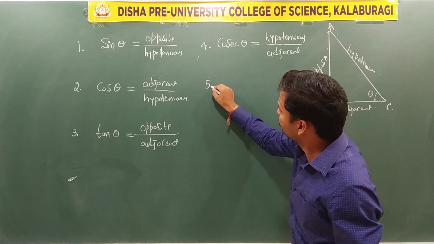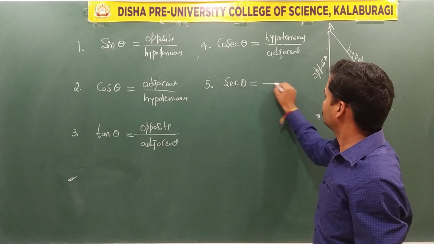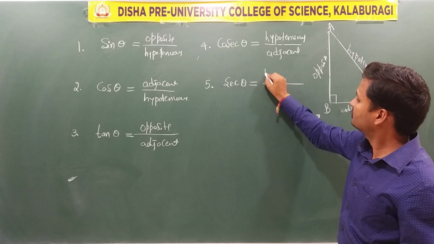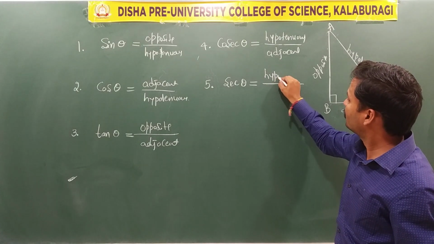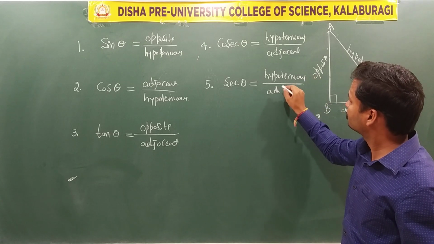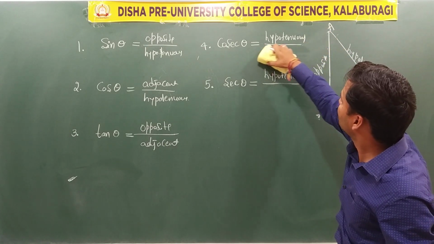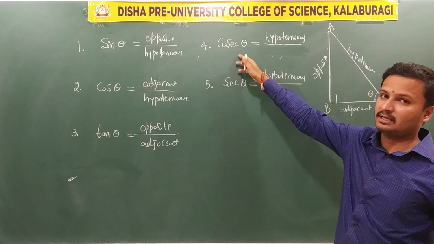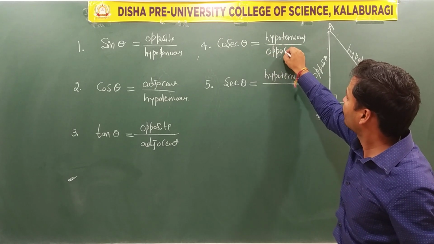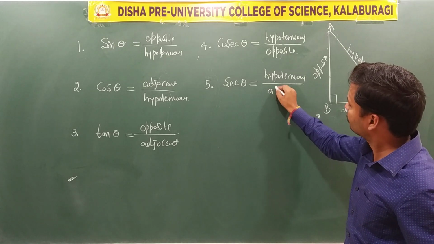And fifth one, that is secant function. So secant theta is the ratio of hypotenuse to the adjacent.